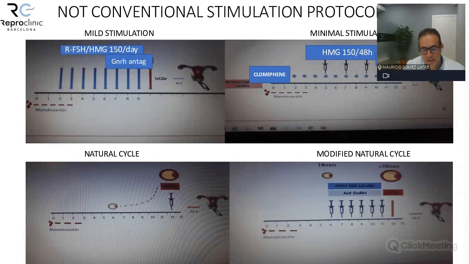After that, the triggering. And the extreme treatment of this group is the natural cycle or its modified natural cycle. In these cases, we wait for the development of one follicle, with the difficulty to achieve one healthy embryo. In these cases, the idea of accumulating eggs or embryos by repeating several cycles is interesting.